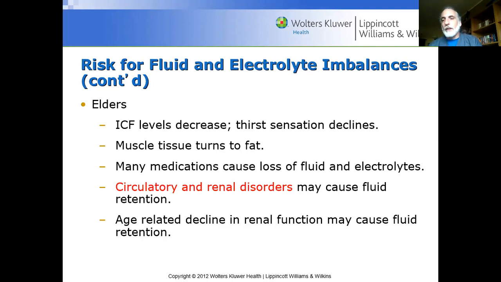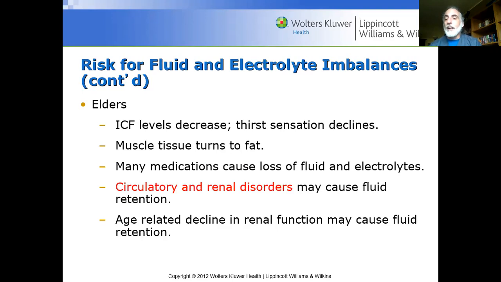This last one, okay, virtual foot stomp 3 times. Age-related decline in renal function. Remember that we are machines. We are amazing machines, but we are machines. We are composed of systems, and those systems get old and wear out over time.